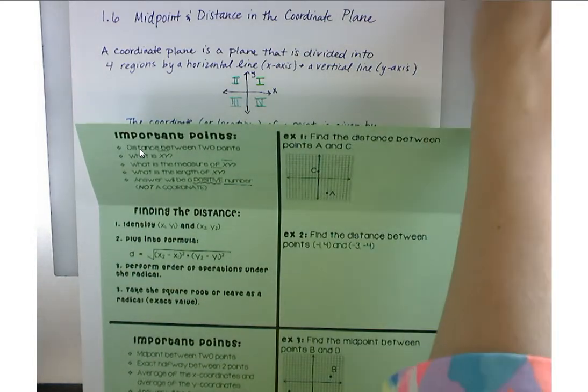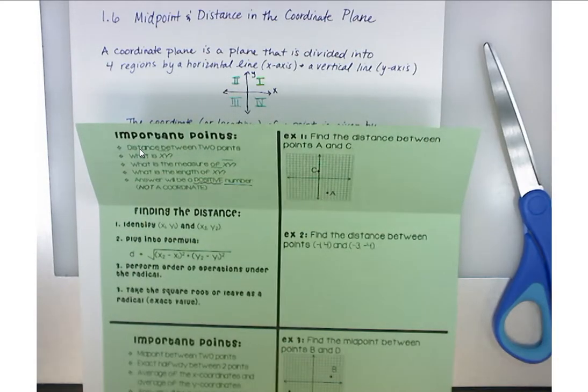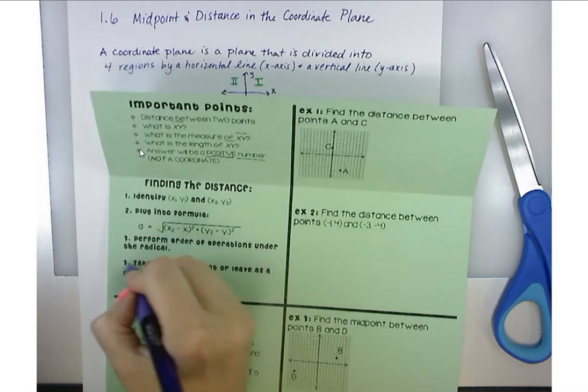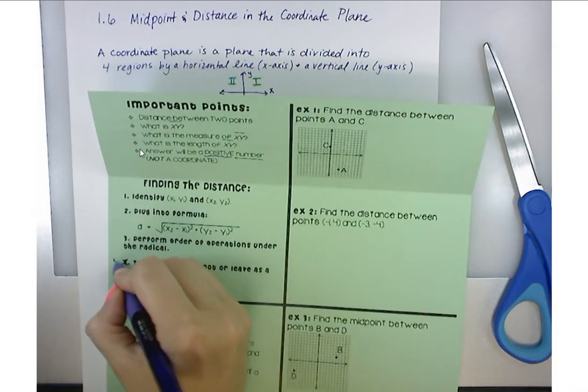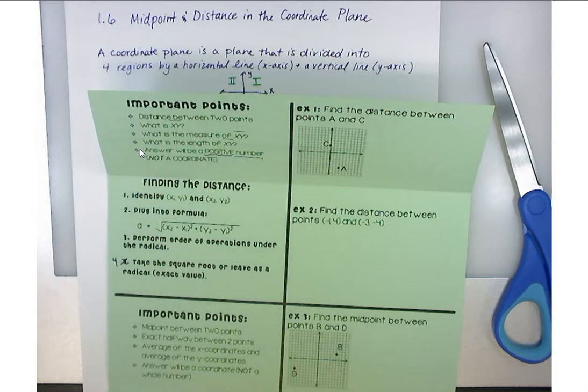And then your last step, let's go ahead and change this to 4, is going to be to take the square root or leave it as an exact value, which is going to be a radical. So we'll practice both, taking the square root, leaving it as a decimal, and leaving it as a radical.